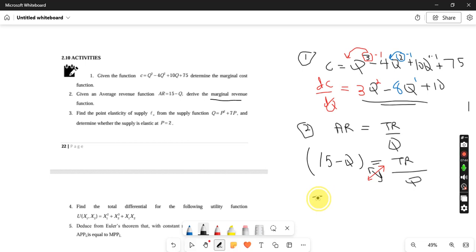Total revenue is just average revenue times quantity. So we're multiplying this average revenue by this quantity. It's like Q times 15 minus Q.